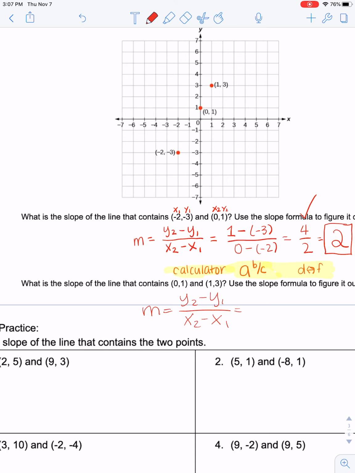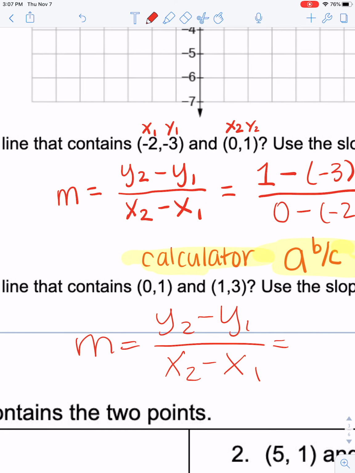I'm going to label it again. I'm going to make 0 as my x sub 1, 1 as my x sub 2. Remember, your first numbers are always your x values, and the second numbers in your ordered pairs are going to be your y values. This is my y sub 1, this is my y sub 2.